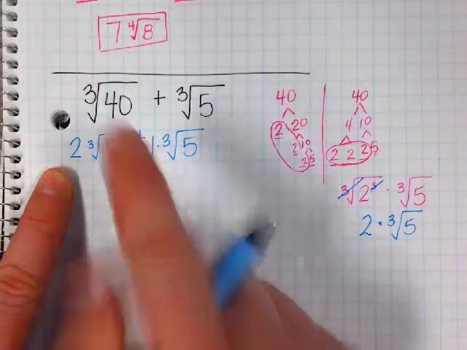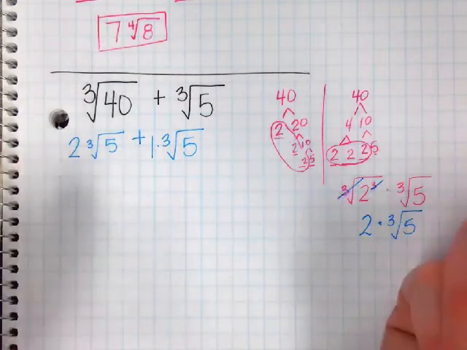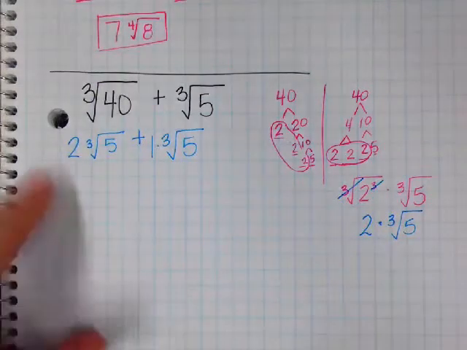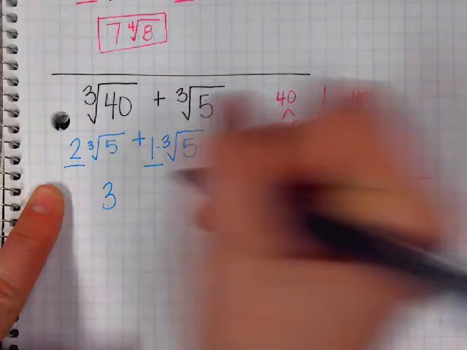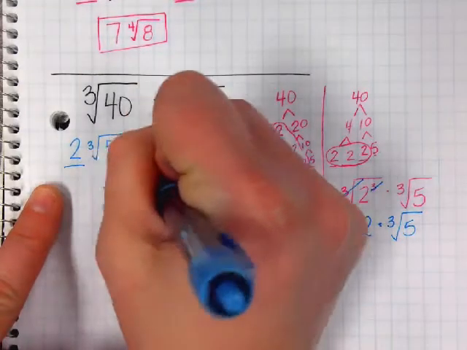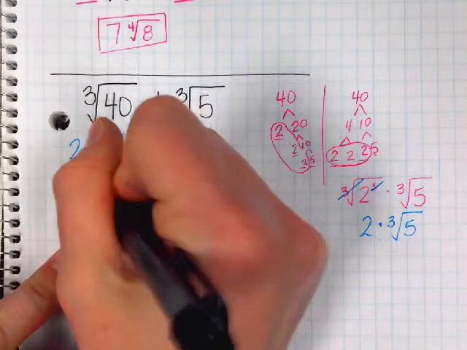So I need to remember that it's 2 plus 1, because if there is no number, there's an implied 1, or invisible 1, or however you prefer to say it. So I would do 2 plus 1, which is 3. So it would be 3 cube root of 5.